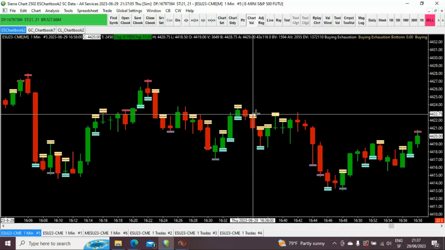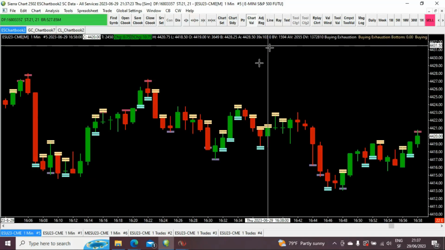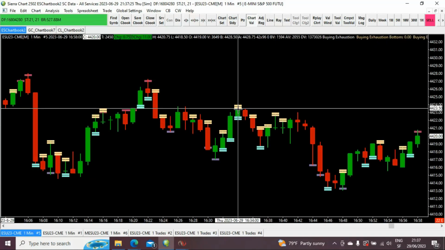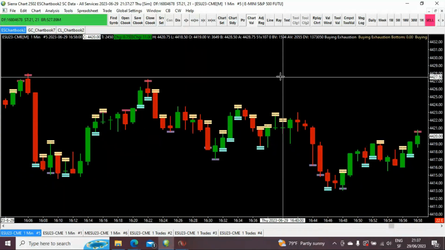This can also be quite a useful way of managing your trades once you're in a trade. These are calculated based on order flow. It's looking at the strength of activity at various price levels, approaching the high and approaching the low.